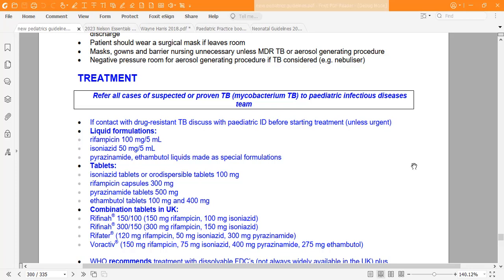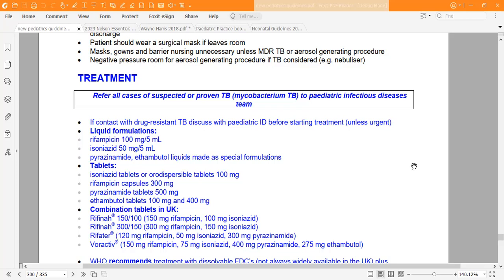If contact with drug-resistant TB, discuss with the pediatric infectious disease team before starting any treatment. So if the patient has drug-resistant TB, I cannot change any medication on my own. I have to discuss with the pediatric infectious diseases consultant or team.